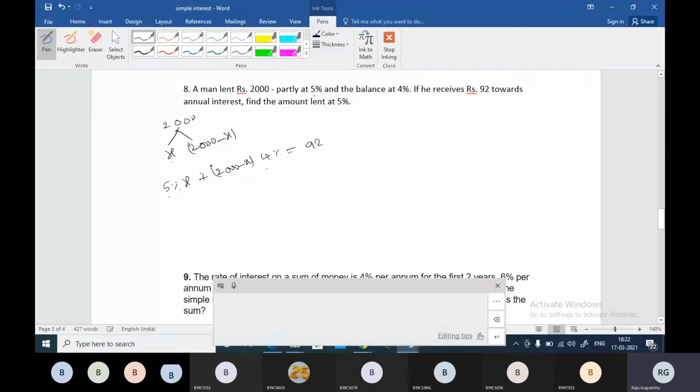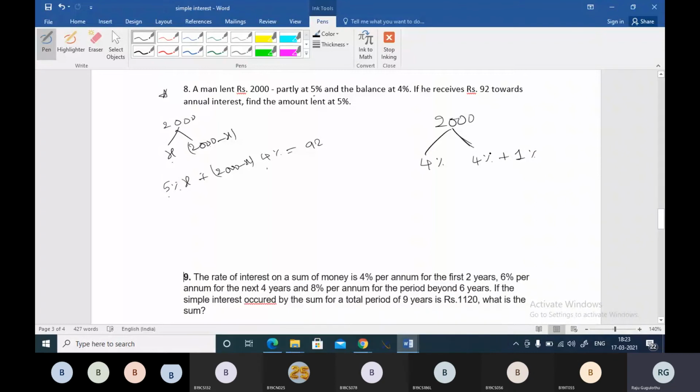You can solve this one, boss, or for this model, very important, you can answer this like this. See, one part is given at 4%, another part is also given at 4%, but 1% extra, boss. Please understand the concept. That means a total 2000 is given at 4%.